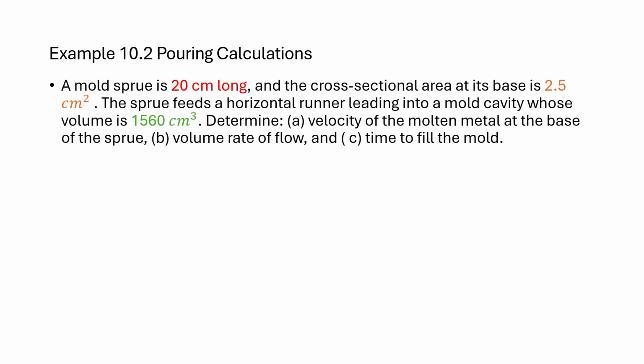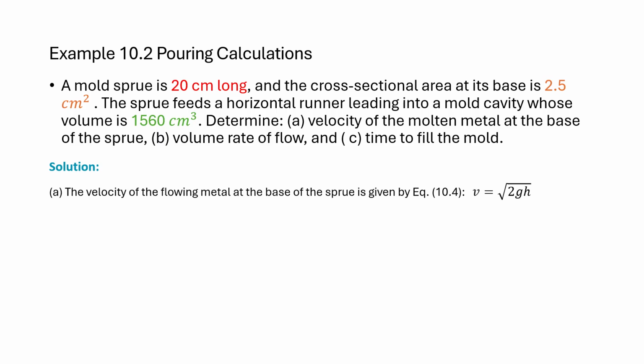Remember the equation is V equal to the square root of 2 multiplied by g h. Q, the volume flow rate, will be the velocity multiplied by the area, and finally the time to fill the mold will be equal to the volume divided by the Q value.